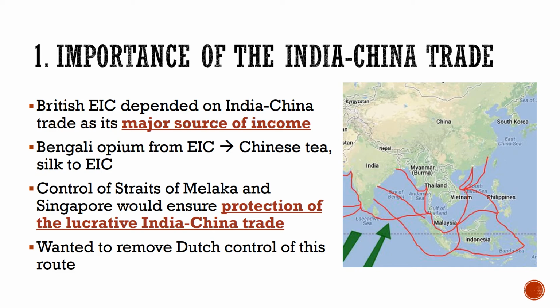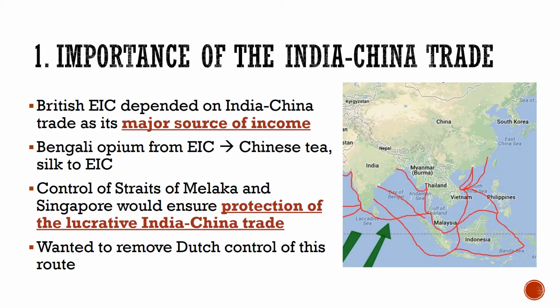That's why it was so profitable, because their control could ensure that they gain benefits from the India-China trade. And the last thing is because they wanted to remove the competition, the Dutch control. It is in competition against them, so they want to remove them.